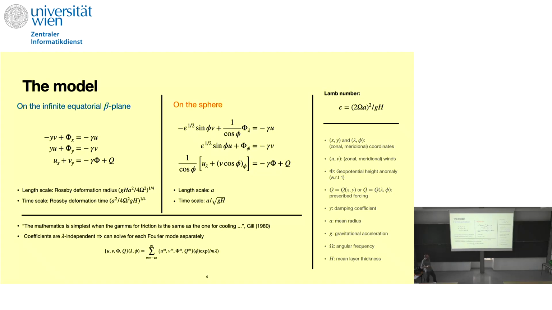And under this scaling, the Lamb number appears in front of the Coriolis term, so it plays the role of the non-dimensional rate of rotation.